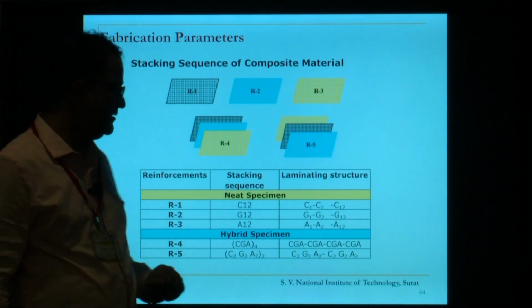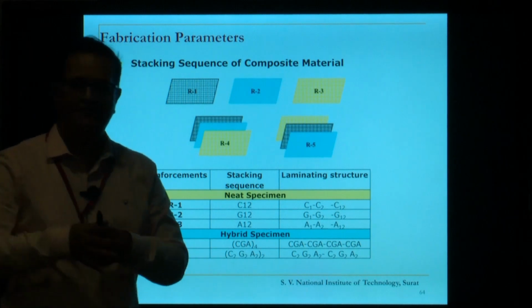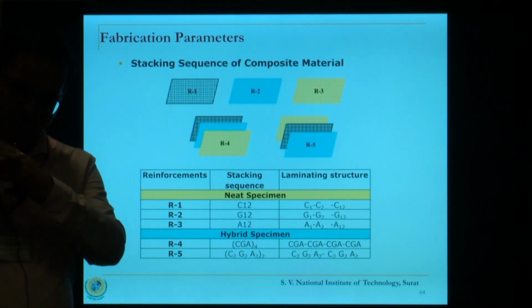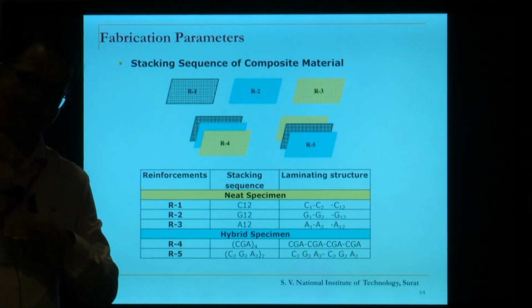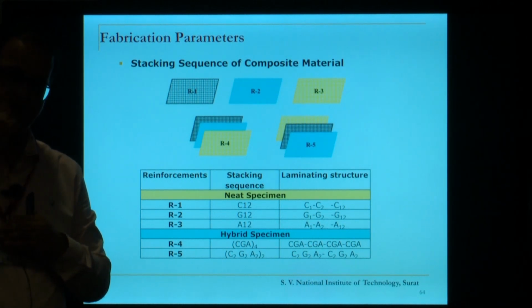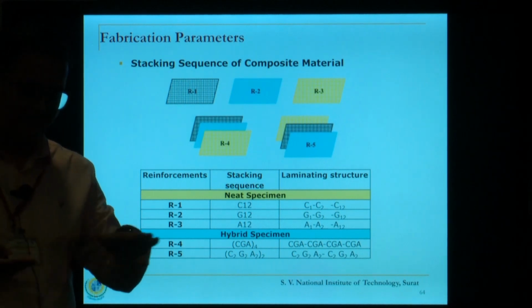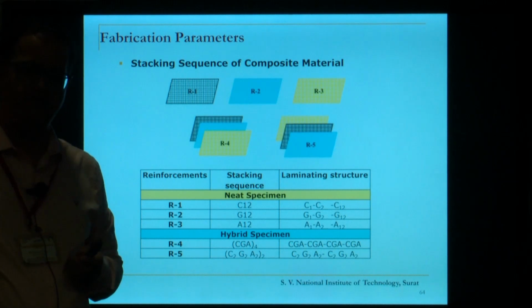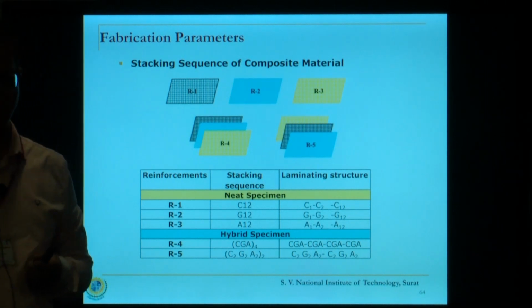Now it was interesting. When I repeat this, the first layer is carbon, glass and aramide, then again carbon, glass and aramide. So on one side your outer fabric is carbon, and on the other side your outer layer is aramide. Now it is up to us to decide. As I said, when you are making it, one side comes out as a very smooth surface, and the other side may require post processing.